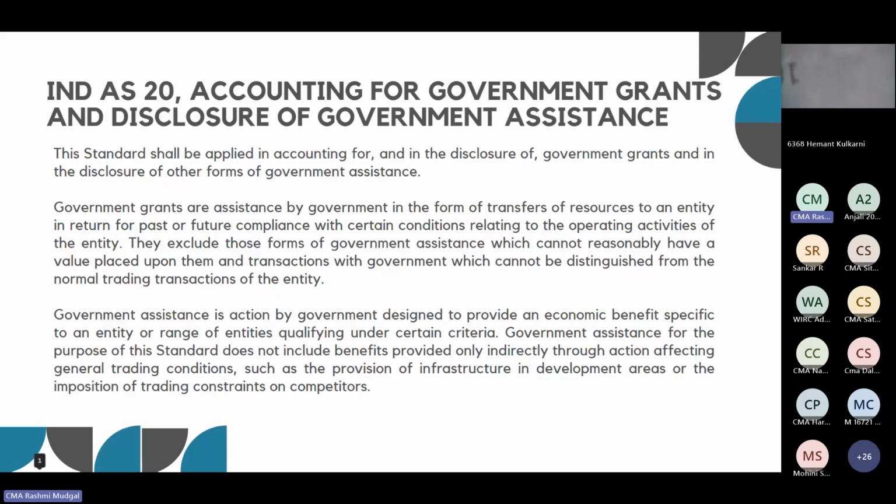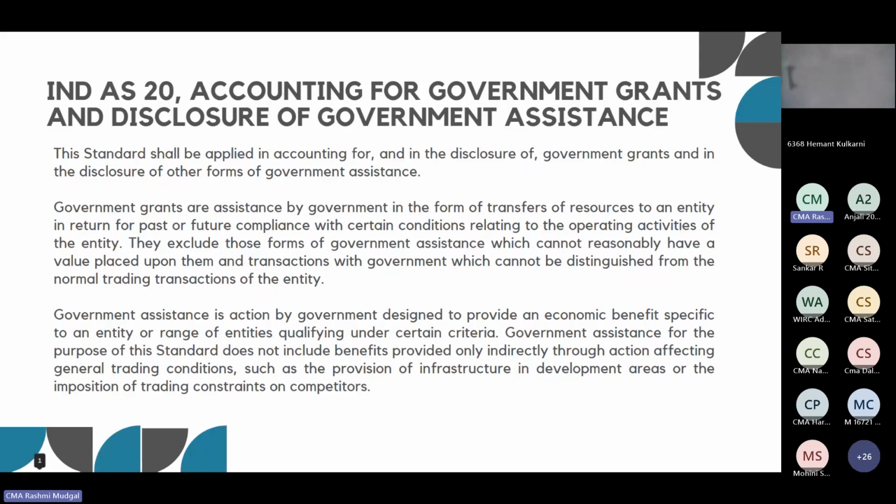For example, the government is giving you land for hospital services, which you will provide to needy people in future. The grant is assistance in the form of resources. The land is given to you free to build a hospital. So this land will come to your asset side, and the government grant will come to your liability side.